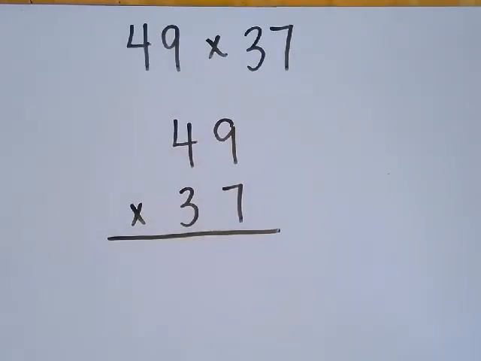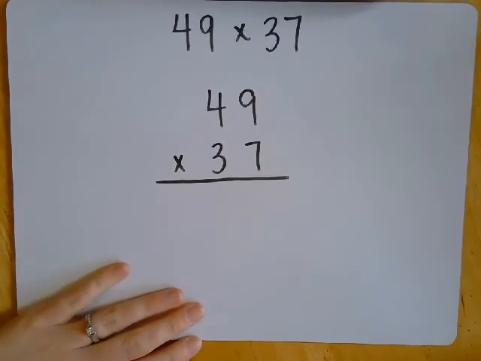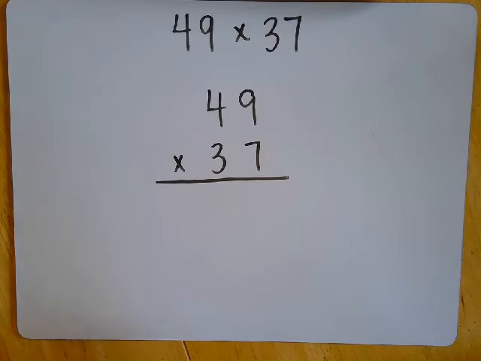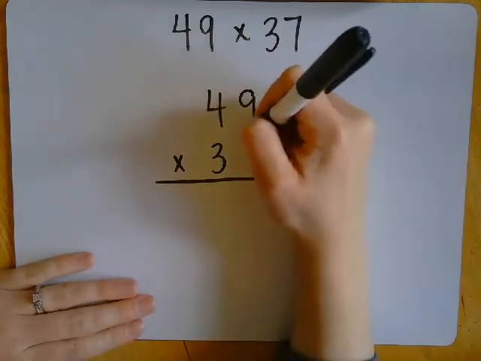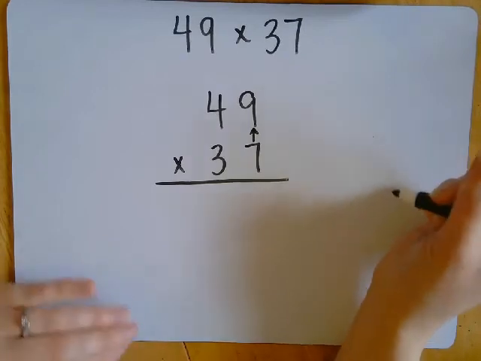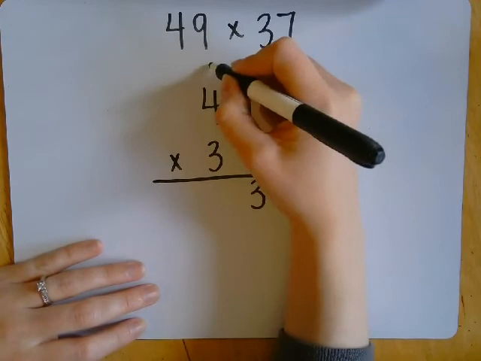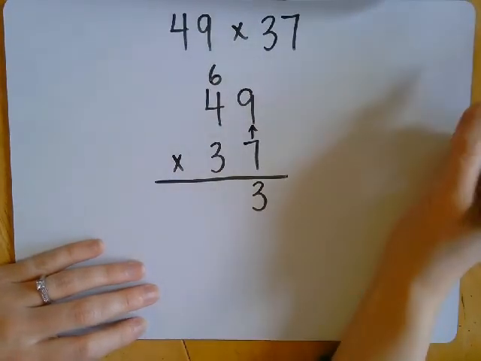Like this. And then start by multiplying each of the parts. Let's zoom out a little bit. So I was starting in the ones place. I'm going to multiply 7 times 9, which is 63. The 3 stays in the ones place, and the 60 goes and joins the tens place over here.